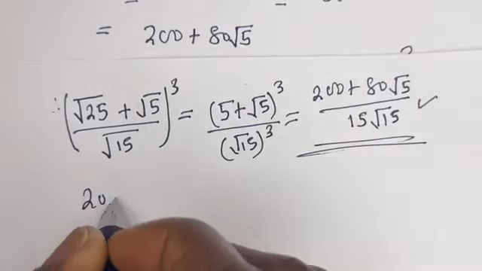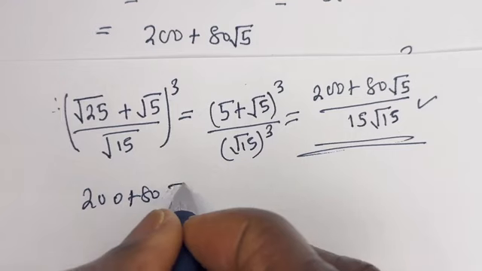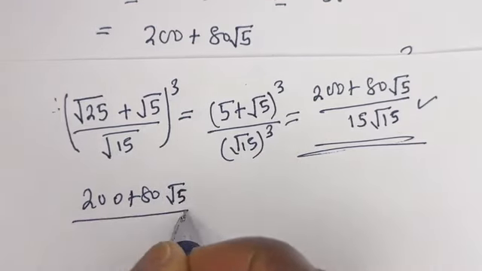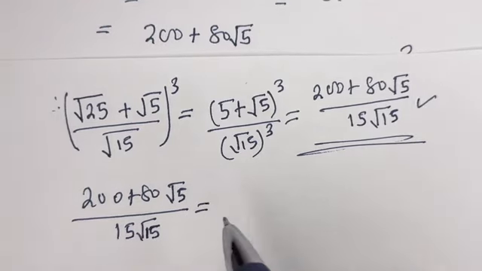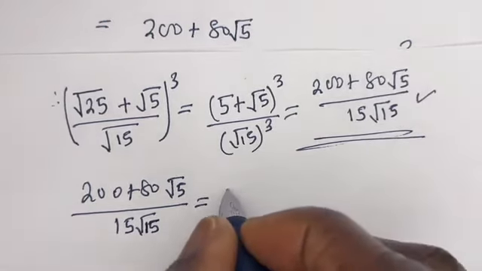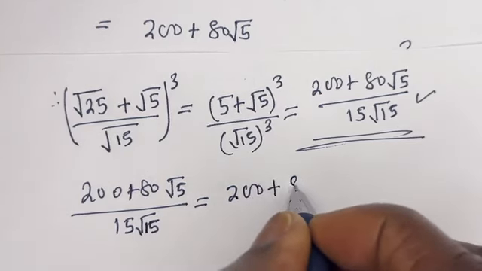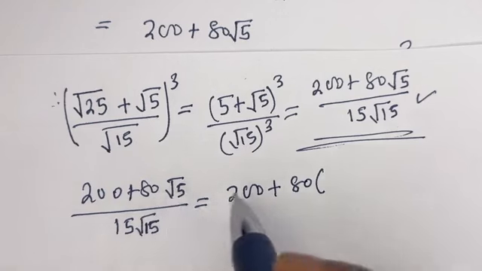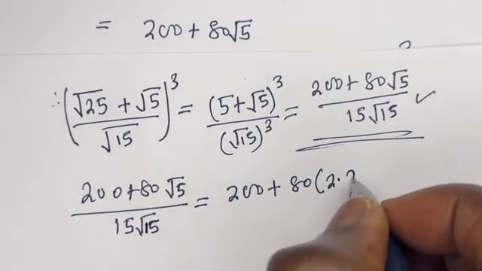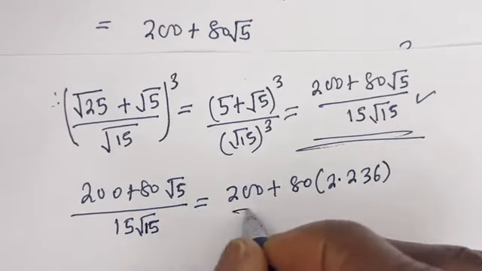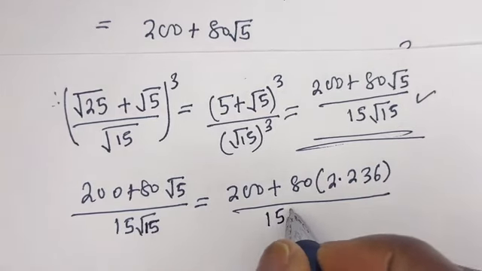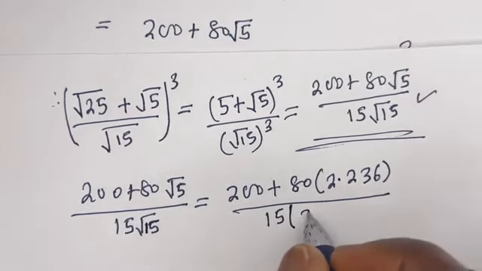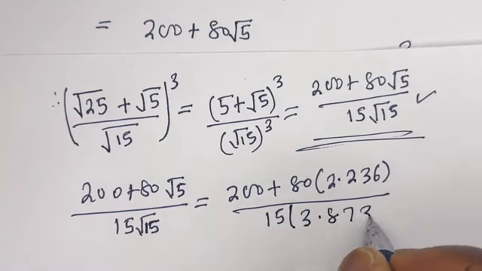This is 200 plus 80 root 5, divided by 15 root 15, is equal to 200 plus 80 bracket root 5 is 2.236, divided by 15 bracket root 15 is 3.873.